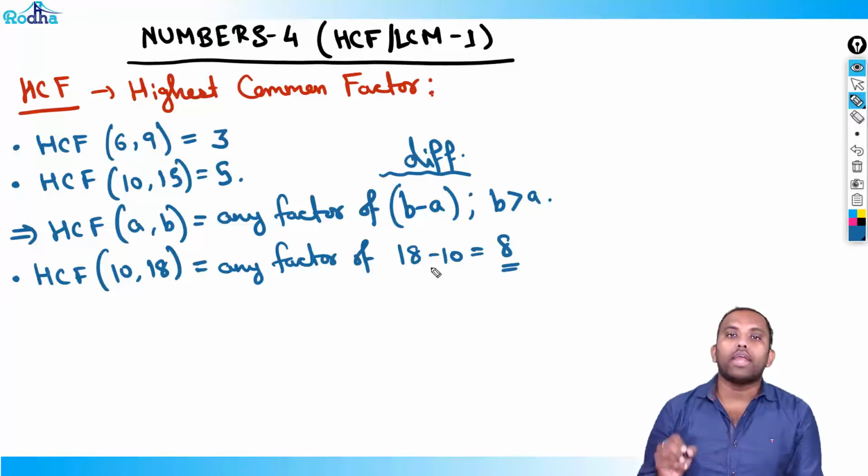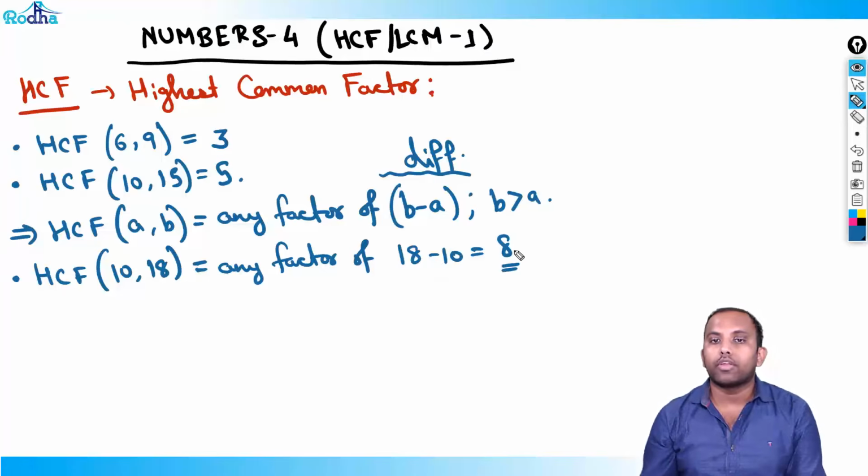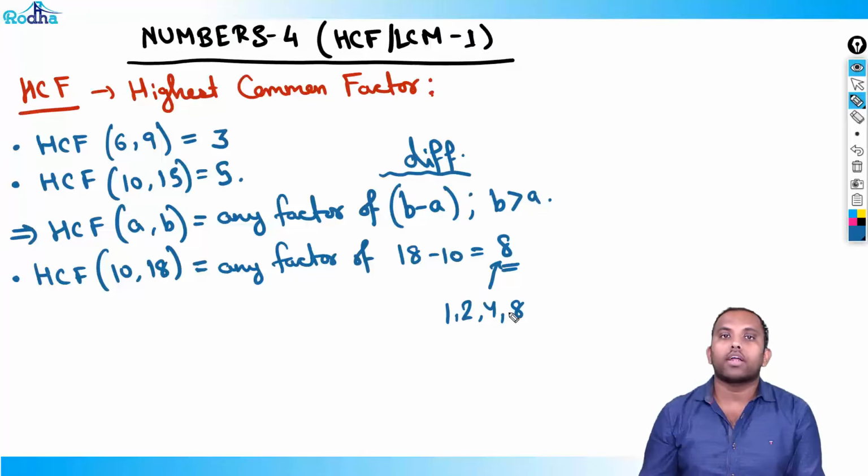So any factor of 8 would be the HCF of 10 and 18. If we write down all the factors of 8, like 1, 2, 4 and 8, since it is the highest common factor, we'll start from 8. Factor means it should completely divide that number. So 8 will not divide 10 and 18, so 8 is not the HCF.